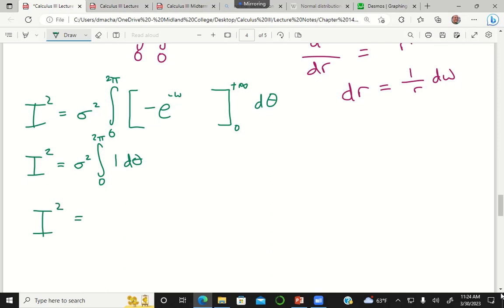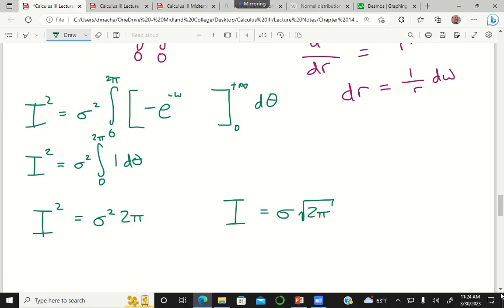So this is sigma squared times 2 pi, which means what I was trying to find all along, that capital I, which was the value of my integral, is going to be sigma square root 2 pi.